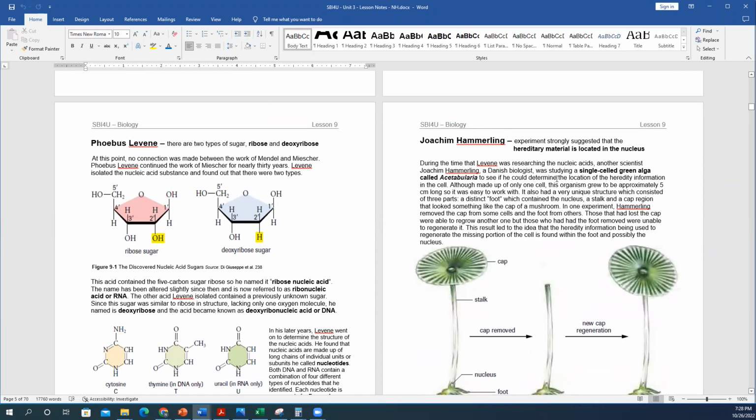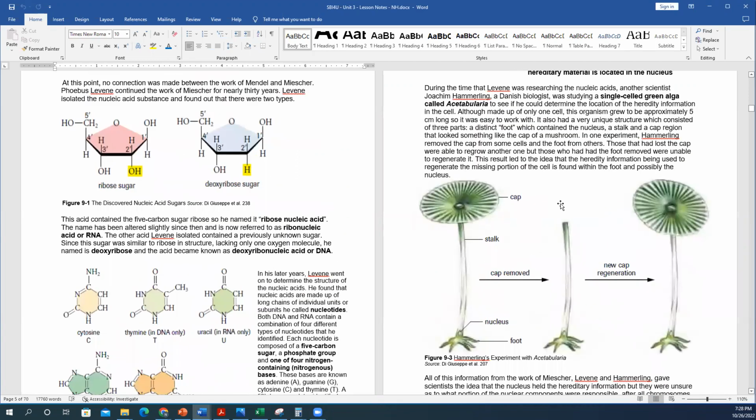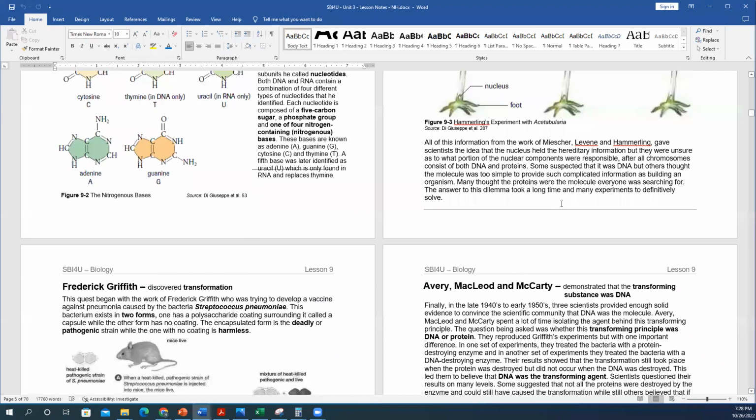And Hammerling, who did the experiment that strongly suggested that the hereditary material was located in the nucleus. The nucleus was what held hereditary material.